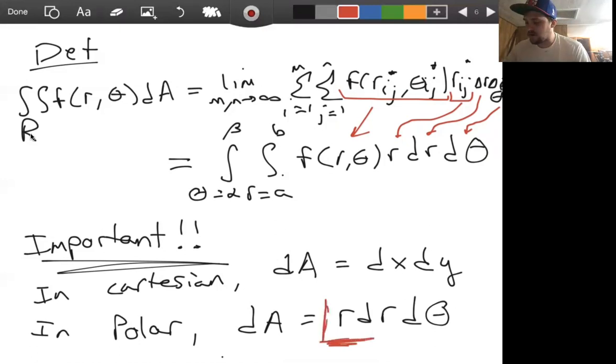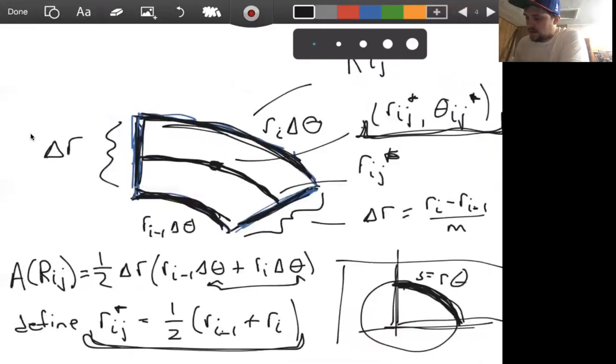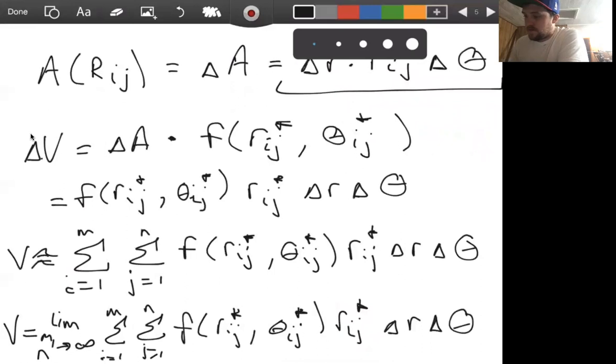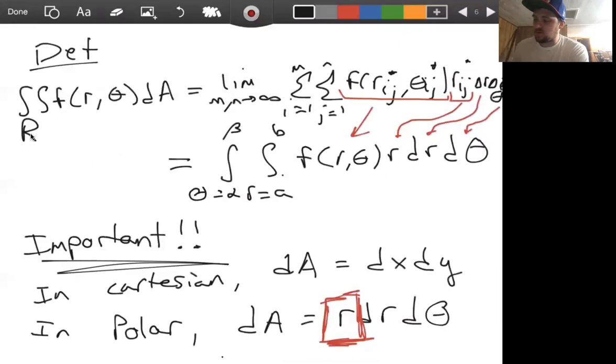You have this r here that you can't forget about, because you've seen in the construction here, this r is part of the area of this region now. So we have to include this in our integral. And so when we're setting up an integral in polar coordinates, when we see dA, we know this is r dr d theta and not just dr d theta.